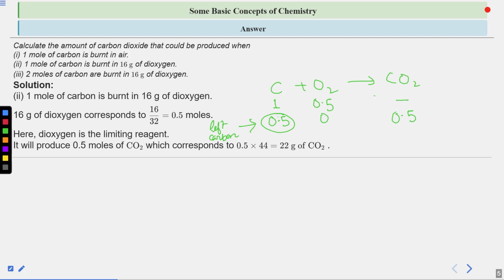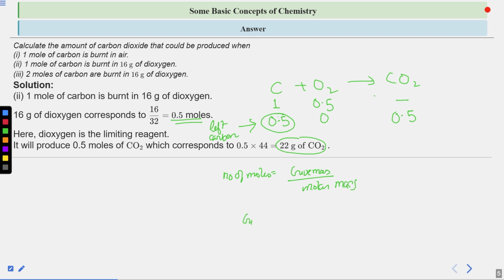Now, 0.5 moles of carbon dioxide will have 22 grams, because we have the formula: number of moles is equal to given mass by molar mass. What is the doubt, Mona Lisa?